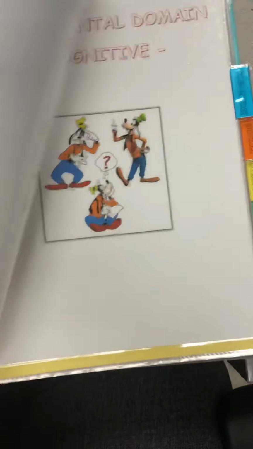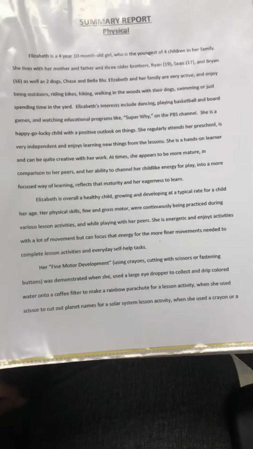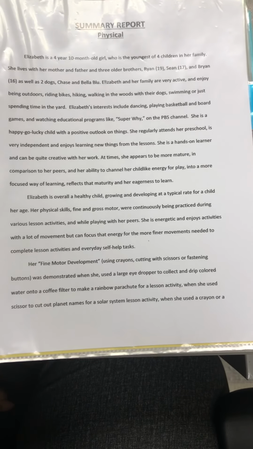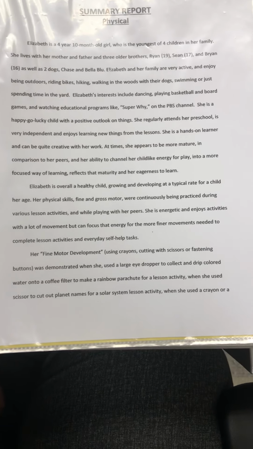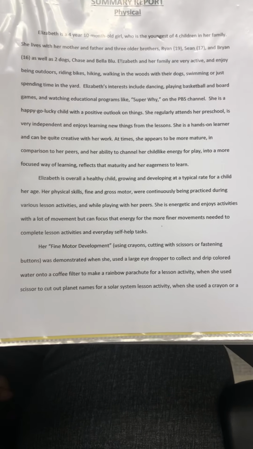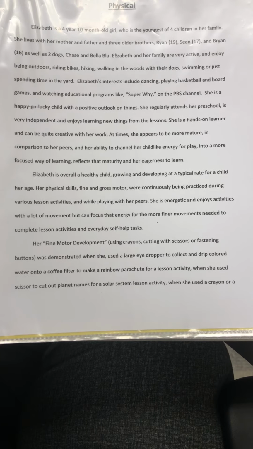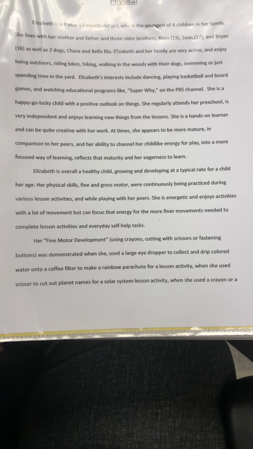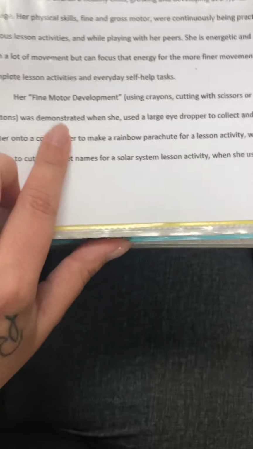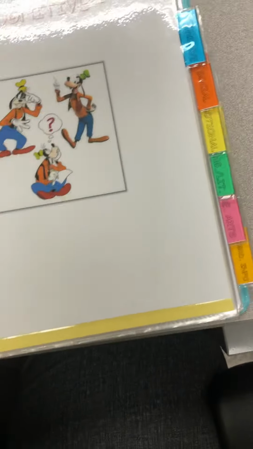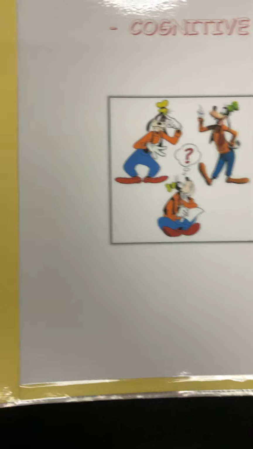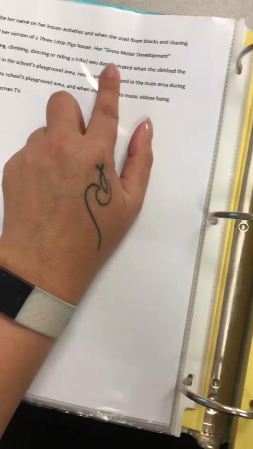This is a good example of about how long it should be. A couple paragraphs, because keep in mind it is talking about fine and gross motor and her health and well-being. So there's her fine motor. Her gross motor is talked about right here.